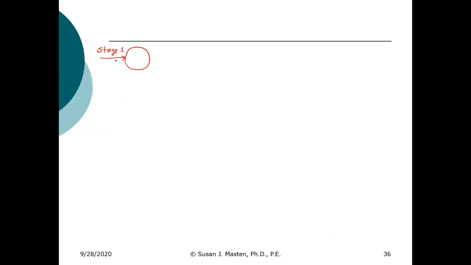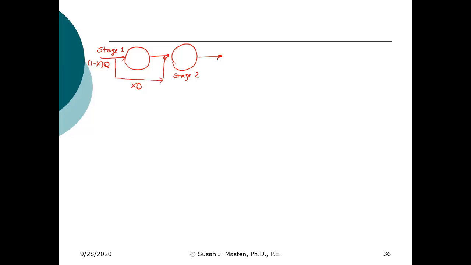Only a portion of the flow is treated through stage 1. So we bypass a portion, we treat a portion, and then we combine the two flows, and this moves into stage 2.